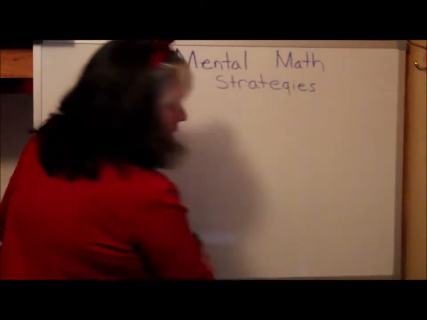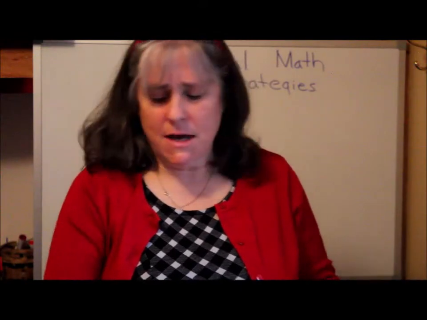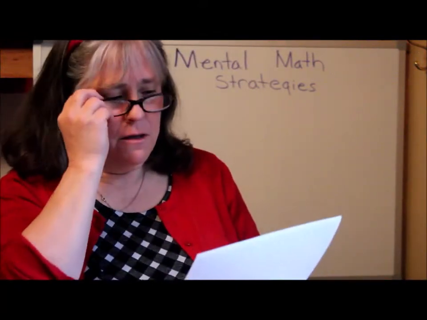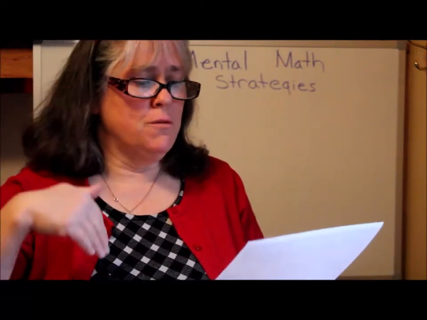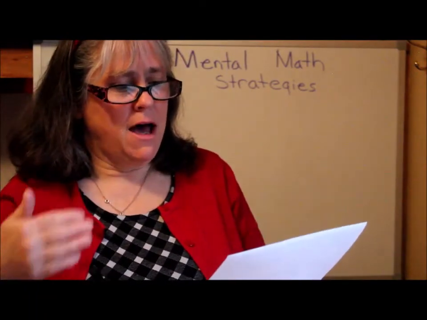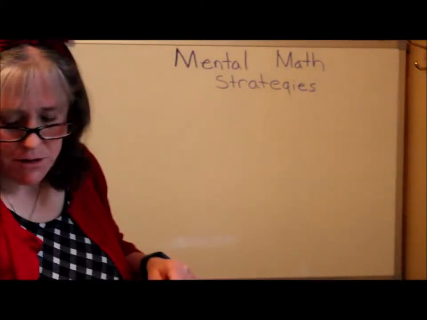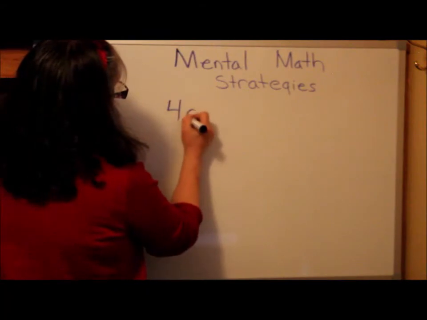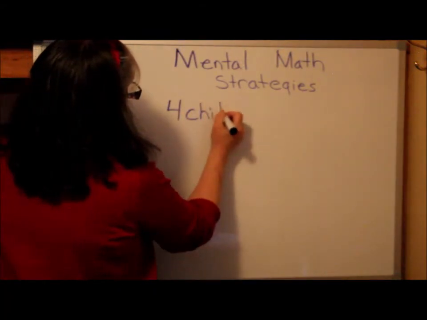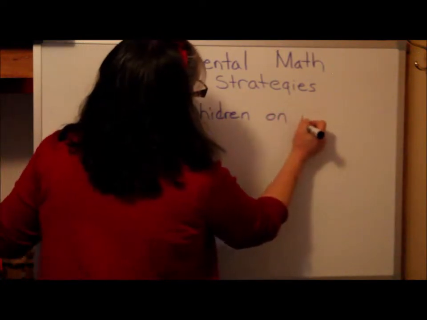In the packet that went home, there's a problem and it says this. There are 4 children on the playground. Then 4 more children join them. How many children in all are on the playground? So let me write that. We have 4 children on the playground.